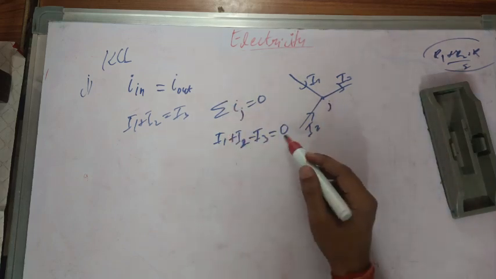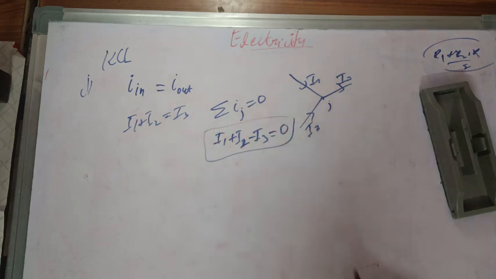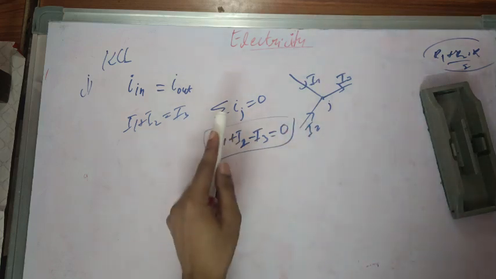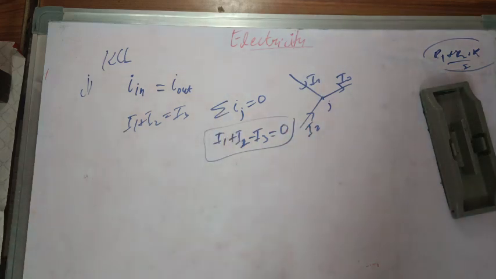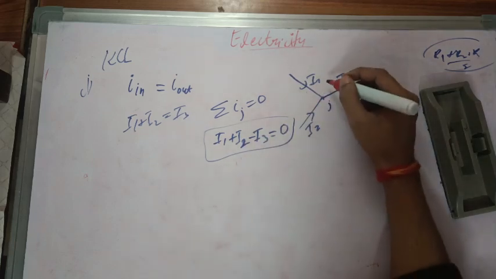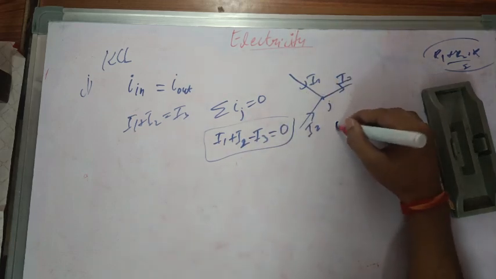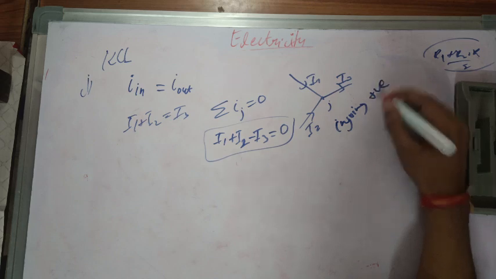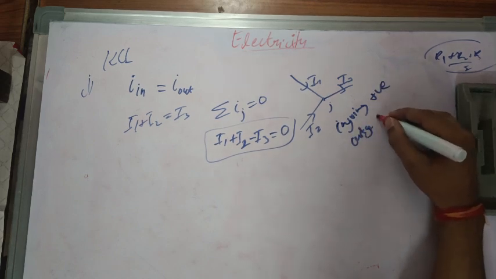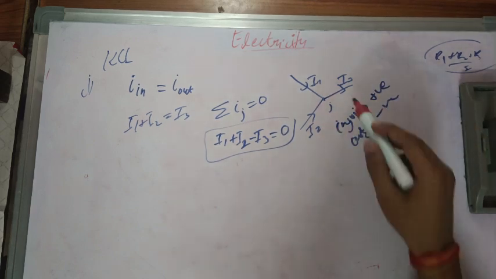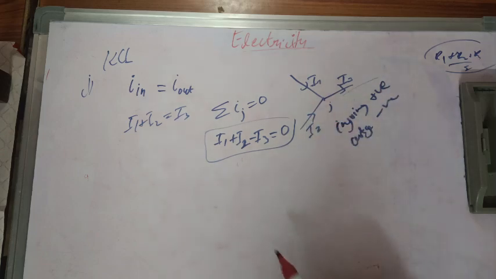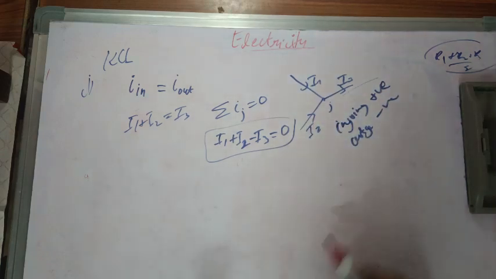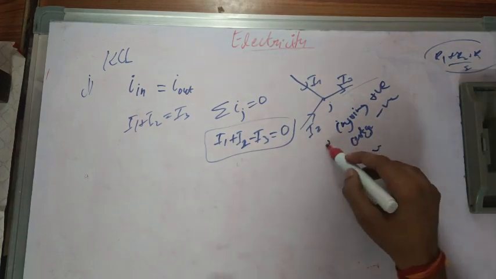The sum of all these currents would be equal to 0. We have to consider the direction and choose the sign of the current. If ingoing is positive, then outgoing is negative. So I3 was going out, so it was taken as negative. If outgoing is positive, then ingoing will become negative.